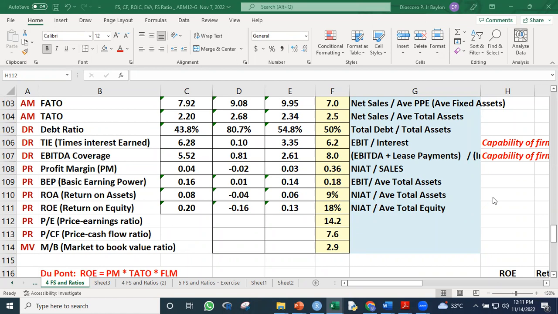Pero if I interpreted this as 1, for every 1 peso of asset invested, the company generated, okay, ilan? For every 1 peso dito, the company generated 8 centavos, no? Or 0.08 pesos of profit, net income after tax. Okay, clear, guys? Clear?